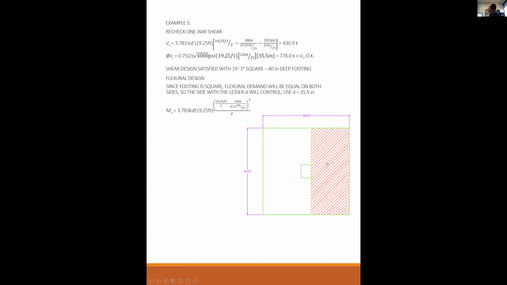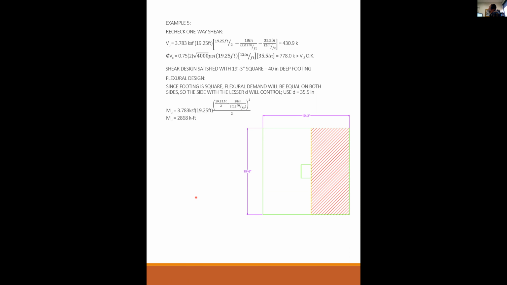But the moment is the resultant, which is at the center of this hatched part. So the resultant is QU times B times L, but then the moment arm is from the center of the hatch to the face of the column, which is this length over 2 again. So that's why this is squared over 2. And that calcs to be 2868 kip feet.